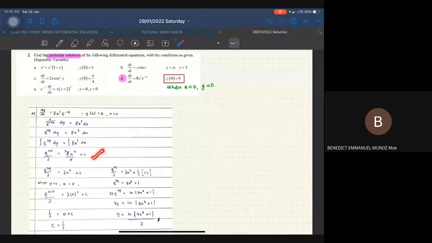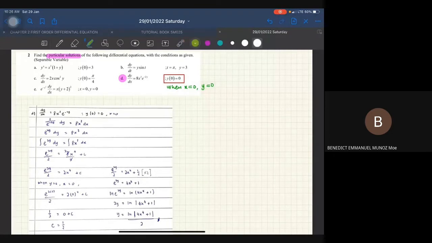Okay, so daripada sini dah simplified form. Bila kita dah settle integration, kita dah hilang integral sign dan juga dy dan juga dx kita. Kita dah ada plus c dekat belakang ni. So awak boleh terus masukkan nilai x equal to 0 and y equal to 0 dekat situ.